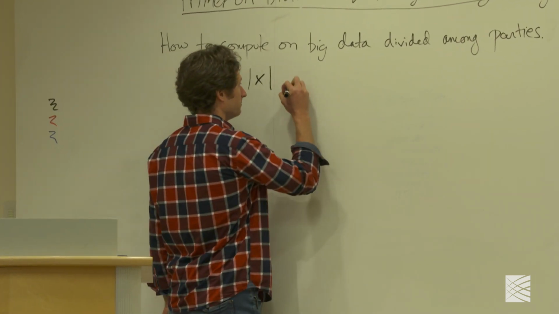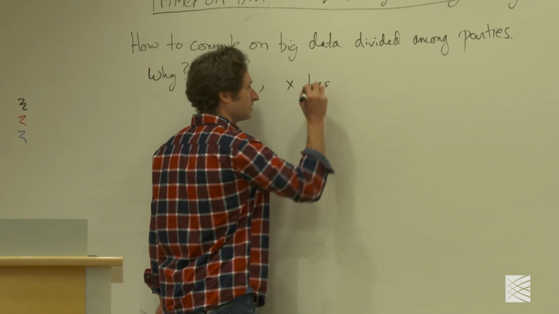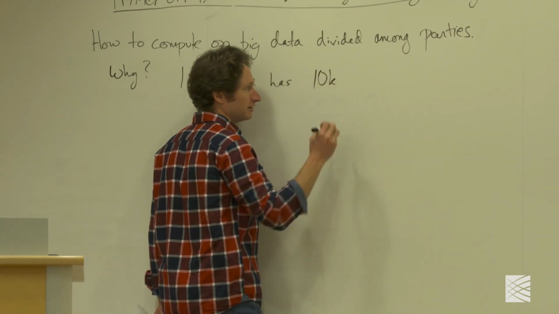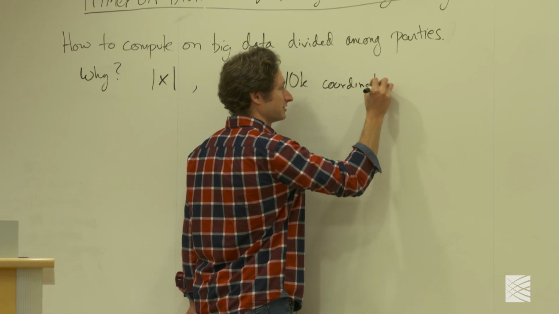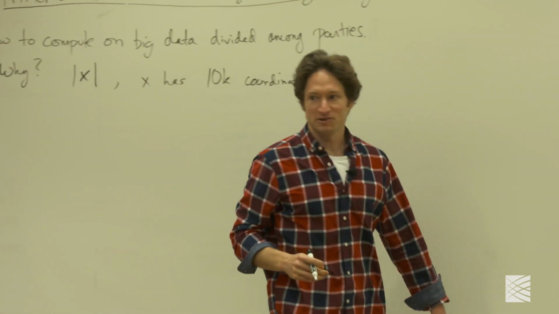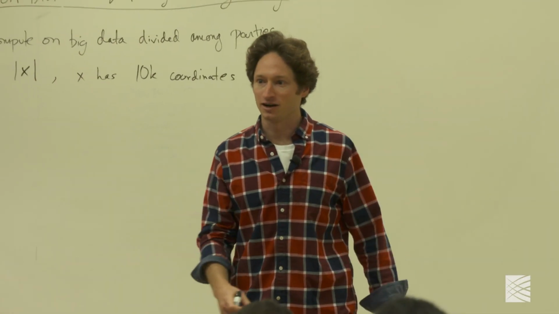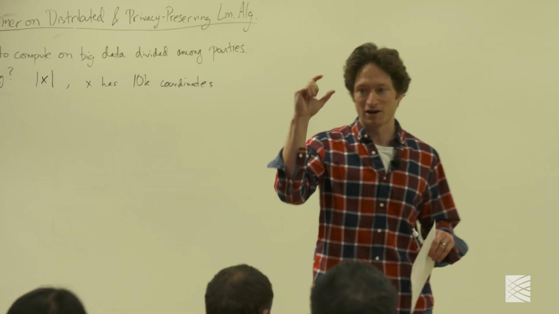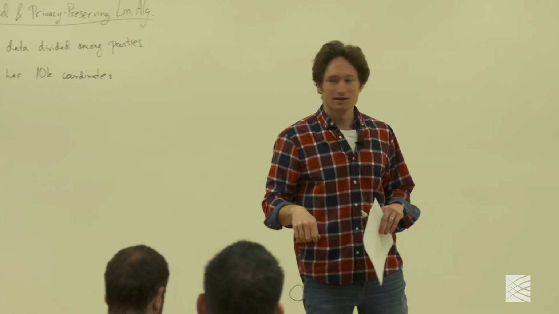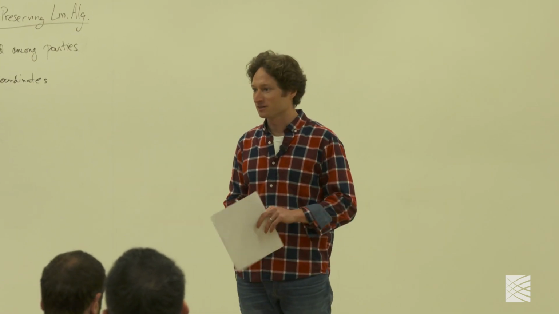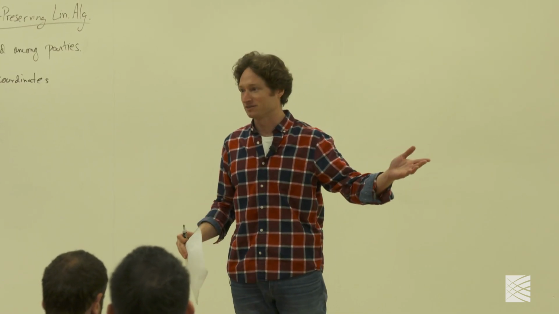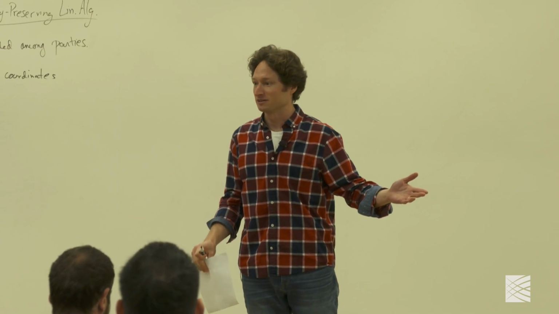But x has maybe 10,000 coordinates, so it's a high-dimensional vector. And in fact, I'm just going to give you this vector. I'll have 10,000 note cards, each with one coordinate on it. I'll give you these 10,000 note cards, and I'll say you can't get breakfast until you tell me the length of the vector.